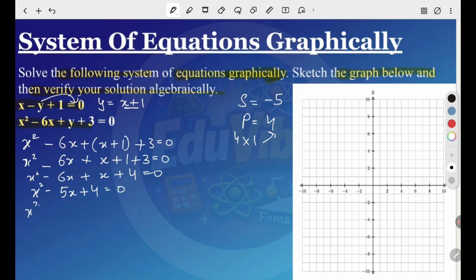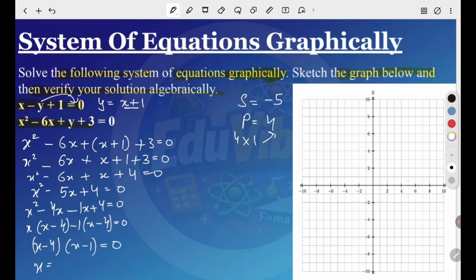To get this, we have x squared minus 4x, and we want minus 1x plus 4 is equal to 0. We take x in common and we get x minus 4, and minus 1 in common, we get x minus 4 is equal to 0. We get x minus 4 and x minus 1 is equal to 0. When we calculate both separately, we get 4 comma 1 for this.